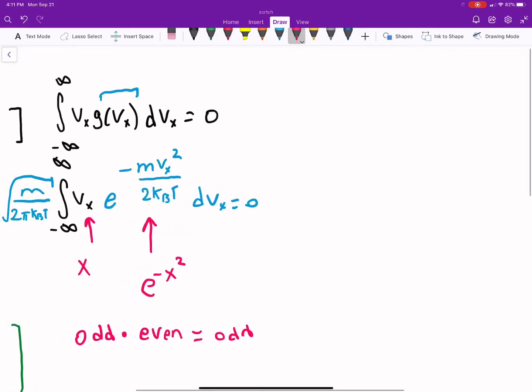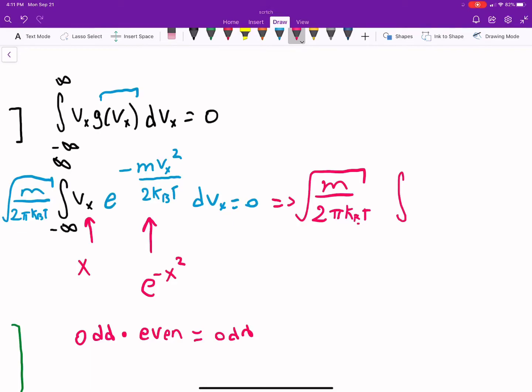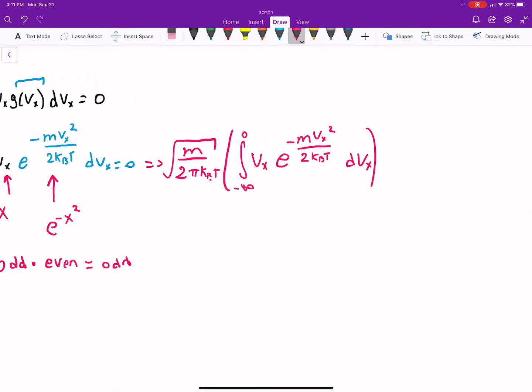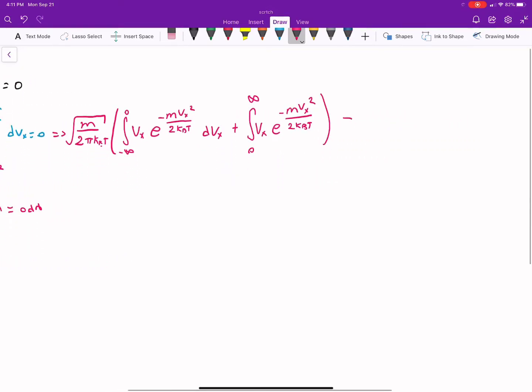And what that means is if we were to break this integral up as such, from, let's say, negative infinity to 0, plus the integral from 0 to infinity, that's going to all be equal to 0, because this is going to be the opposite of this.